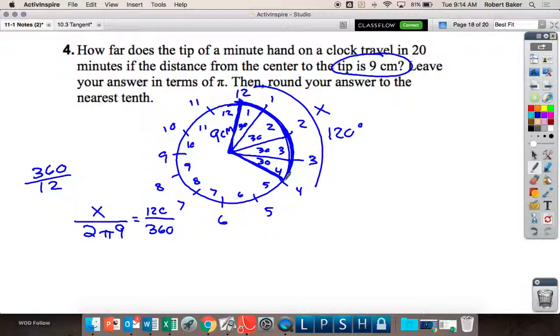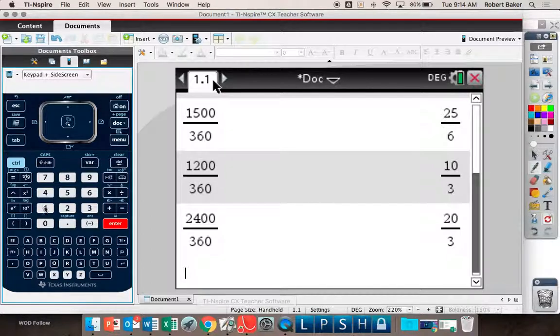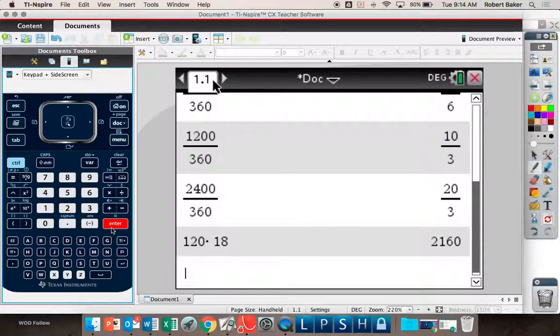So I cross multiply. Sorry. What's 9 times 2? So it's going to be a little more complicated. 120 times 18. $2,160 with a pi next to it now.